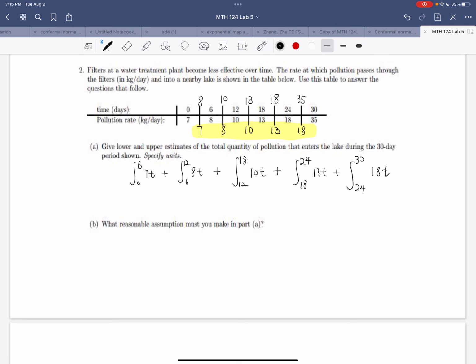Right? That's the lowest case. Let's just calculate.